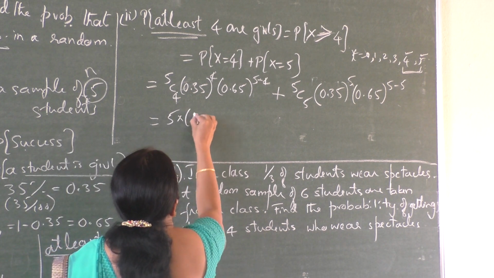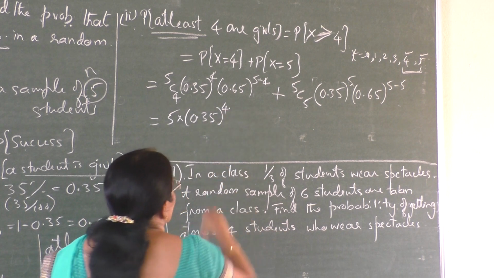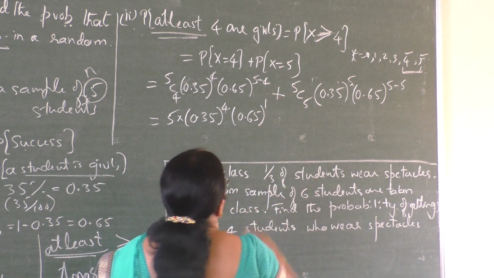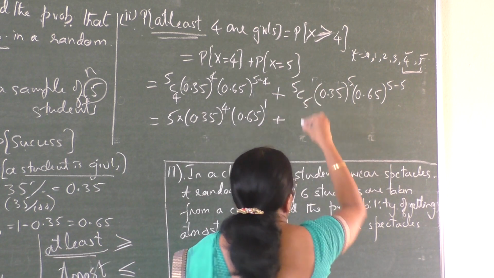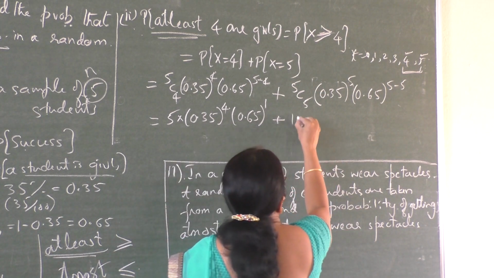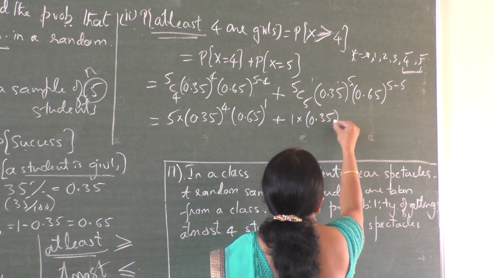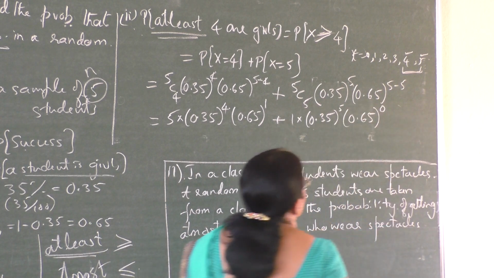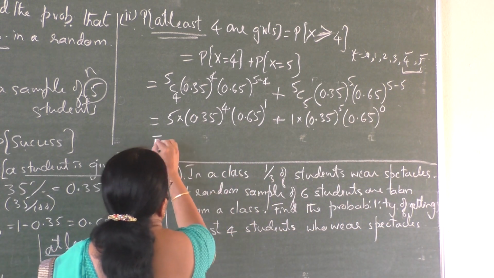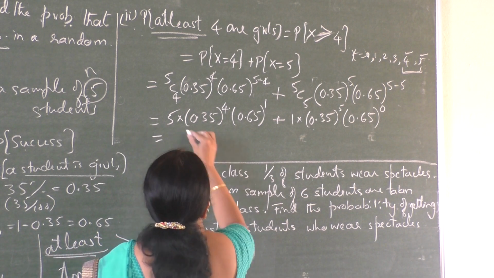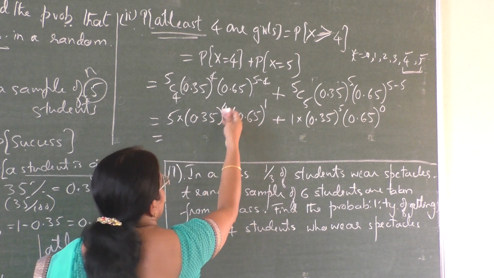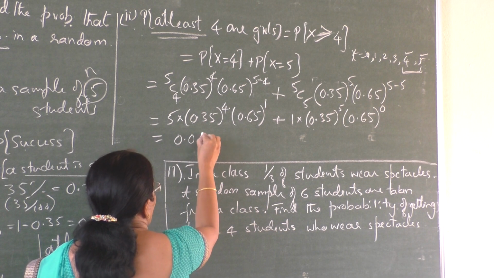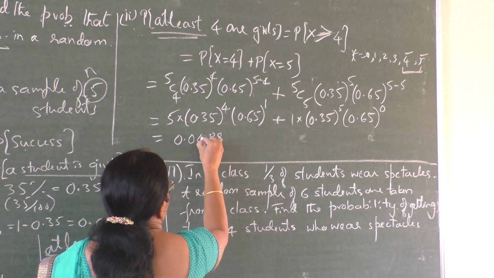Next, 0.35 power 4 into 0.65 power 5 minus 4, which is 1. 5C5, that is nCn, is equal to 1, into 0.35 power 5 into 0.65 power 0, since 5 minus 5 becomes 0. Next, you can simplify this. 5 into 0.35 multiplied 4 times into 0.65, the answer you will get is 0.0488.